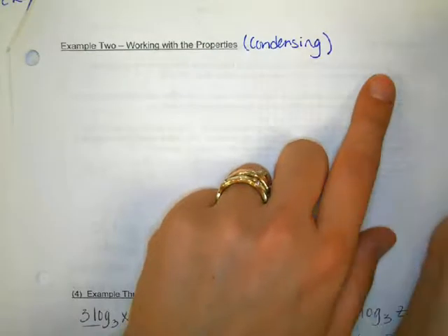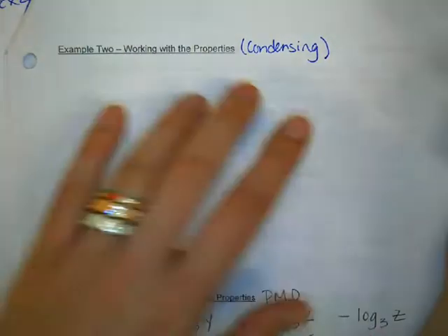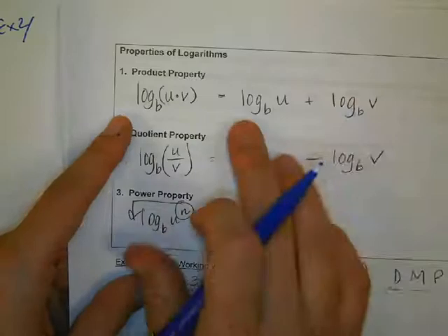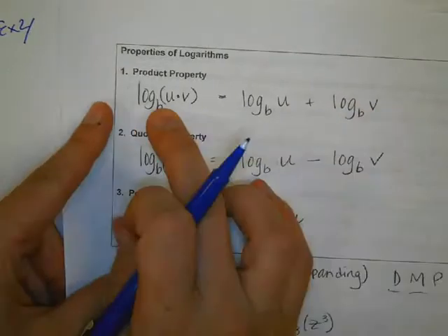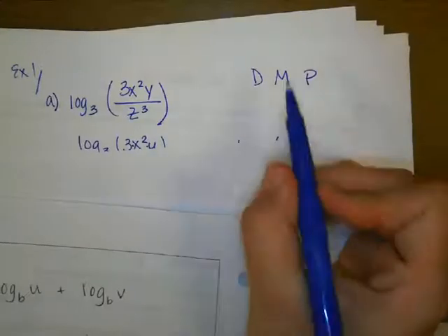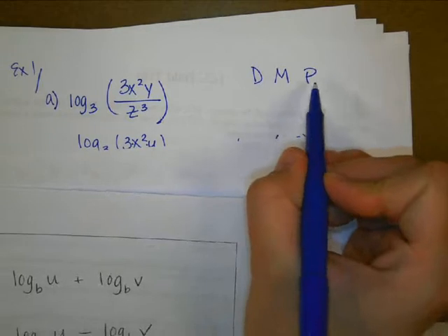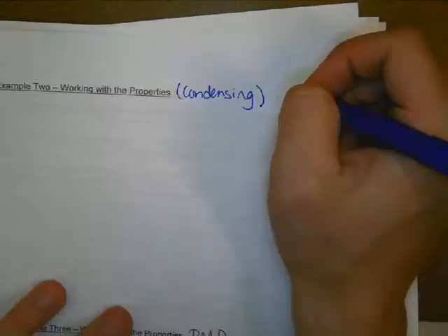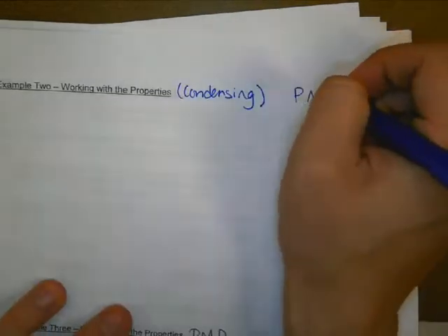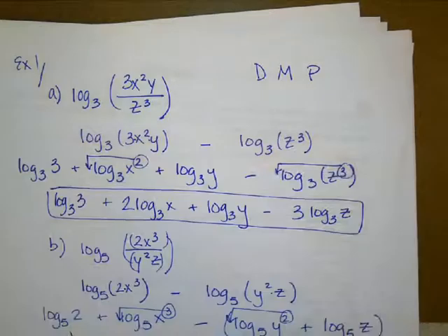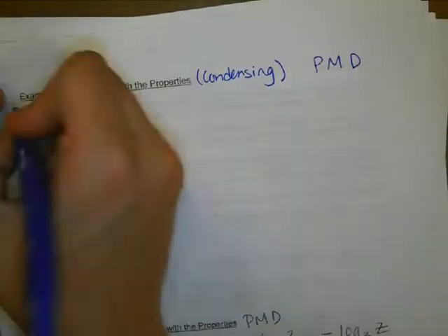And if we're working backwards, that means we're taking something that's already broken apart and putting it back into one term. So instead of DMP being the process I follow, I'm reversing the process. So I'm going to start with P, look for powers first, then multiplication, then division. Okay, make an A and a B.